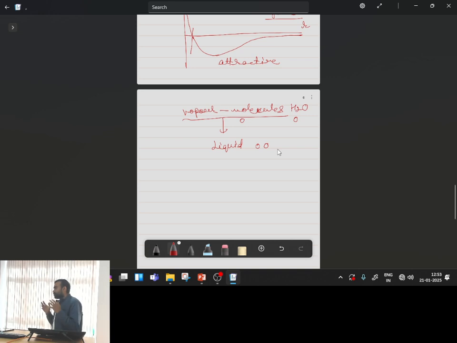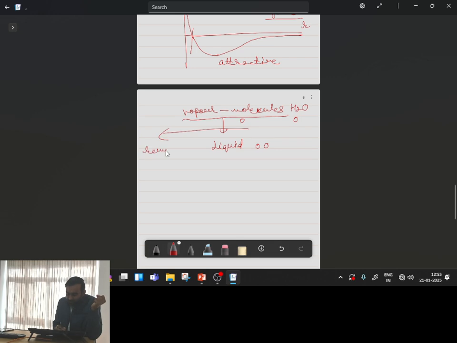In the vapor state, molecules typically have high energies, and if we have to bring them close enough to each other to form a liquid state, we have to remove some energy. Once we remove that energy, molecules can come close.